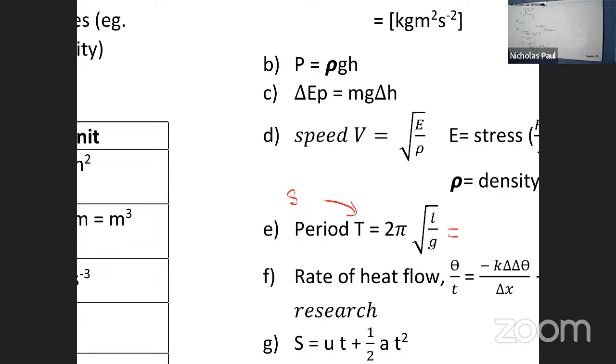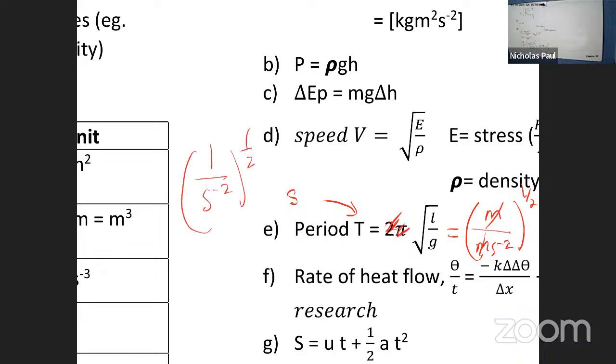So two pi has no SI units, so you can ignore that. But not totally. Square root is to the power of a half. L is in meters and gravity is in meters per second squared, so the meters will cancel. So you'll get 1 over s to the minus 2, all to the half.